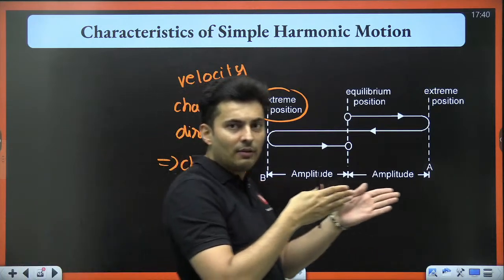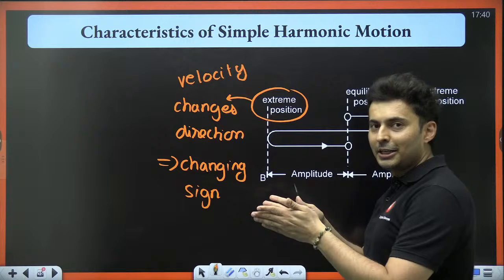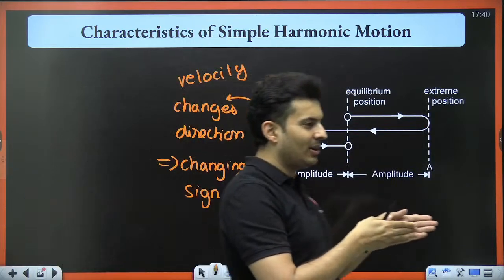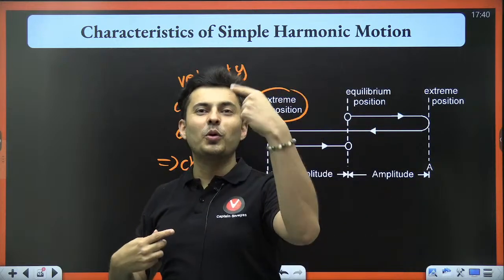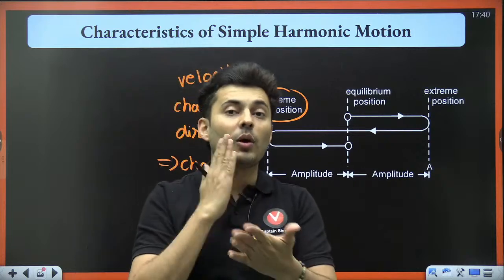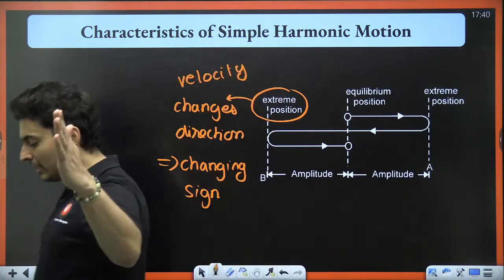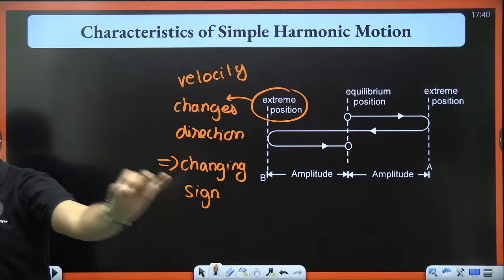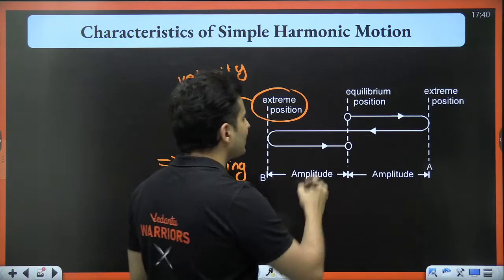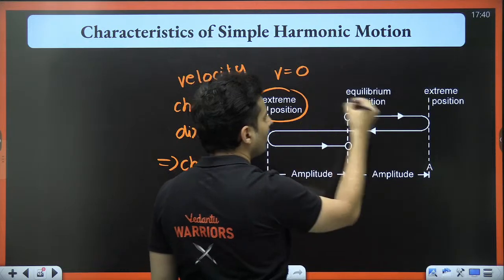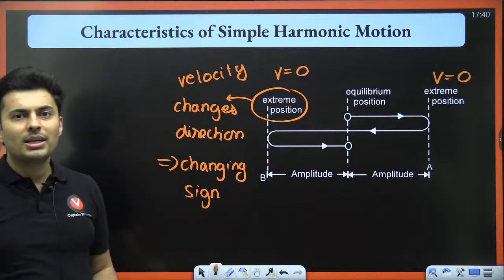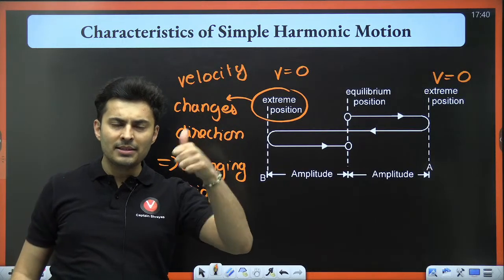From positive velocity I become negative velocity, and from negative velocity I become positive velocity. So if minus has to go to plus or plus has to go to minus, it has to cross which special number? Yes, 0. Definitely it has to cross 0. So at this point the velocity is 0, and at this point also the velocity is 0. Is this part clear?